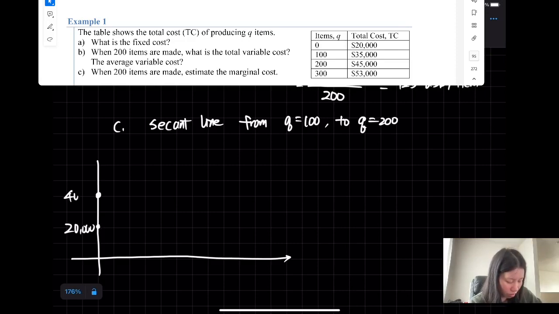So here, $20,000, $14,000, and then $16,000, and then when you're making 100, 200, 300. At 0, your fixed cost is 20,000.